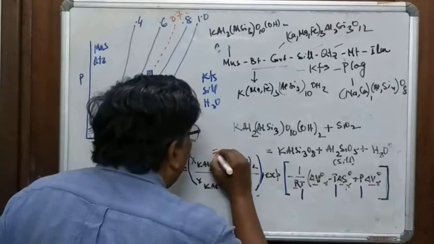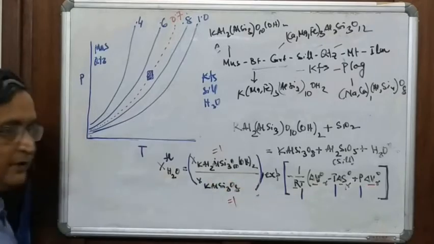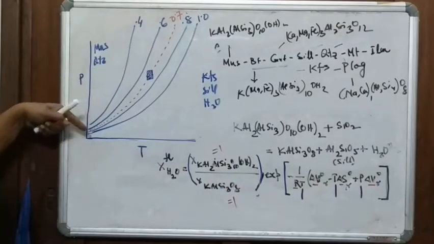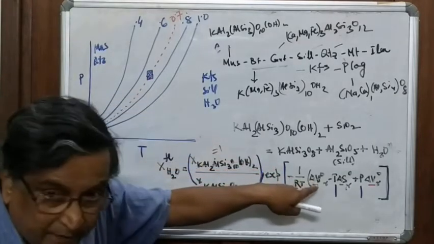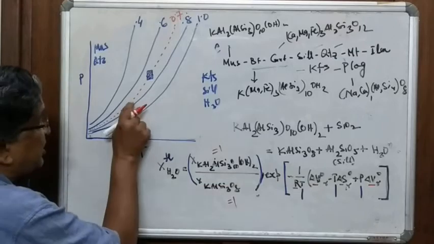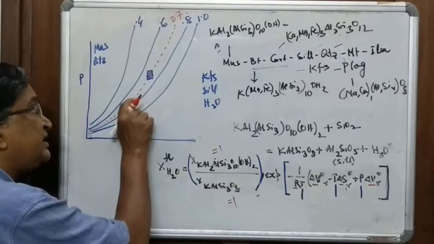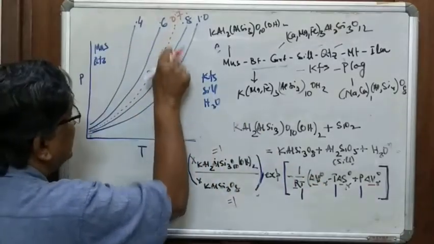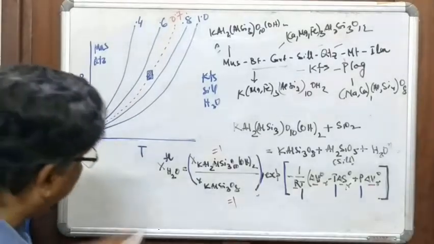If they were pure phases, then XH2O can be determined straight away. And that would be the red line. You will be at this point because you have taken this pressure temperature condition. If you change the pressure temperature condition to another point, you will get the same curve but in a different position. You take a pressure temperature condition and you will have a graph.